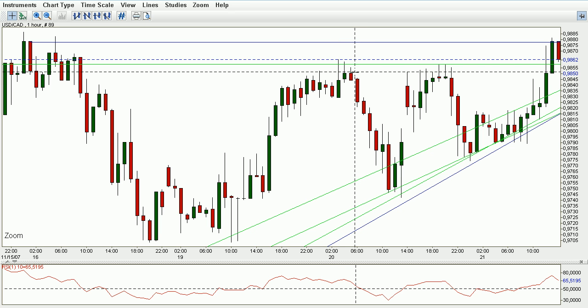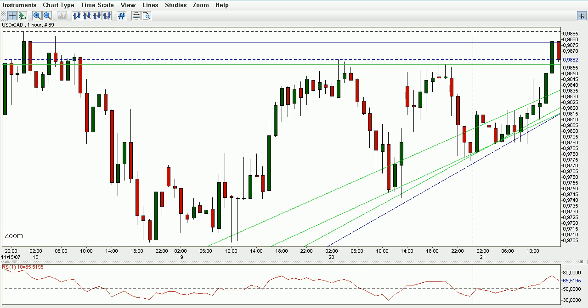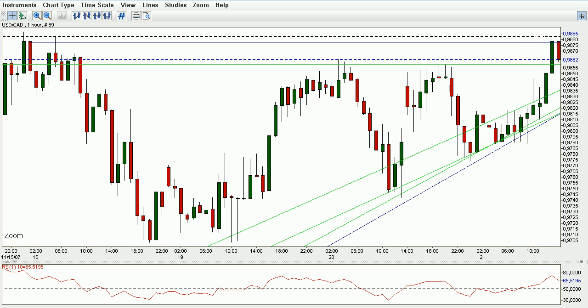What I mean by very tight stops is that, for example, if you open a position after the candle closes at 0.9880, then you should probably place a stop loss order at around 30 pips below this resistance area at 0.9850, and even a little bit below this area, for example 0.9845.